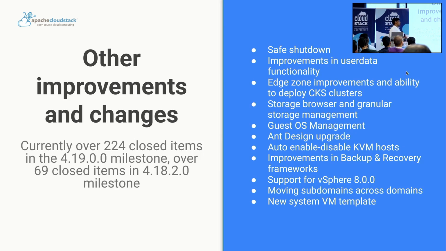In the last release, 4.18, we added support for edge zones, so there are a bunch of improvements around that. Now we can deploy CKS clusters with edge zones, so that should be pretty interesting. We are also coming up with storage browser and granular storage management, where you can list all the files, snapshots or templates for a particular storage.